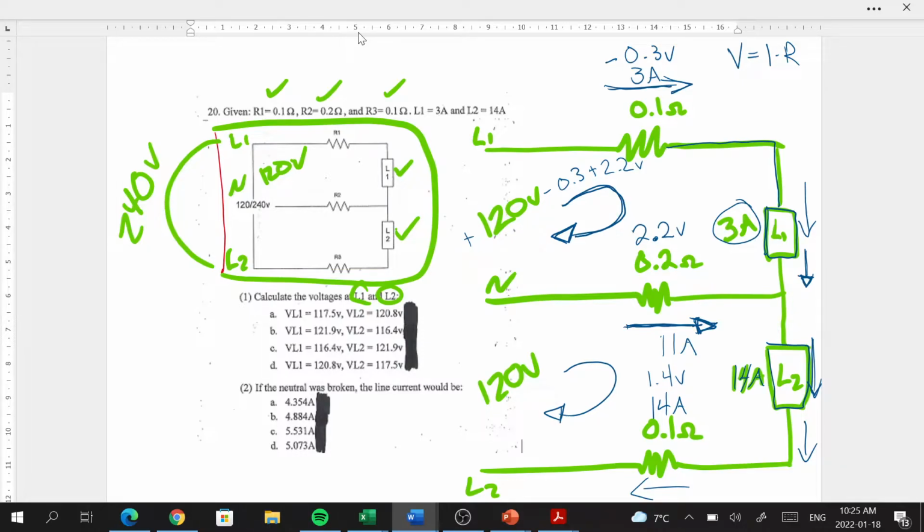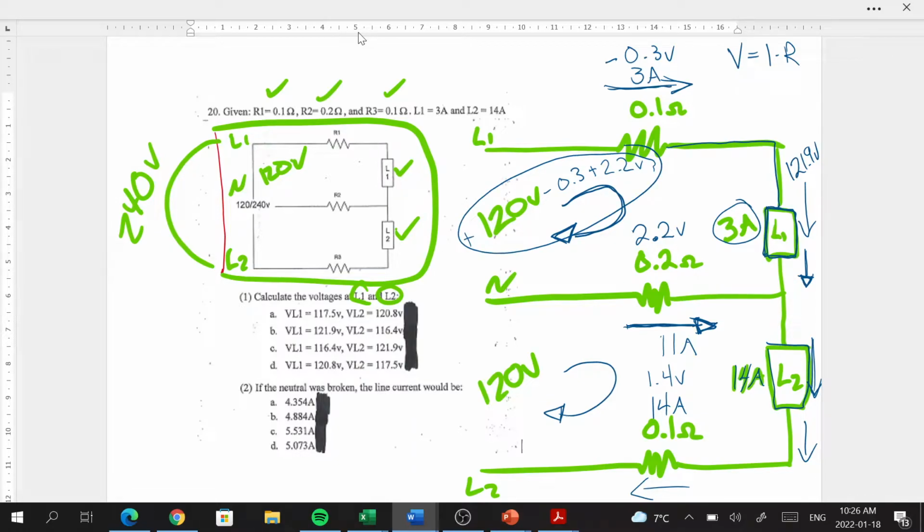So if we take our 120, subtract 0.3, and add 2.2, we end up with 121.9 volts. That 121.9 volts is the voltage drop that we would need to see on load 1 to make these numbers equate to 0.